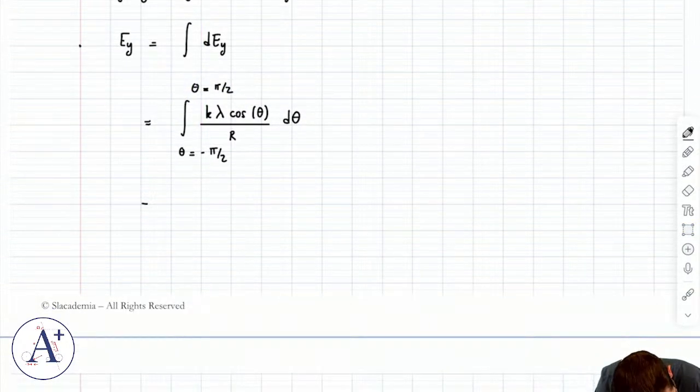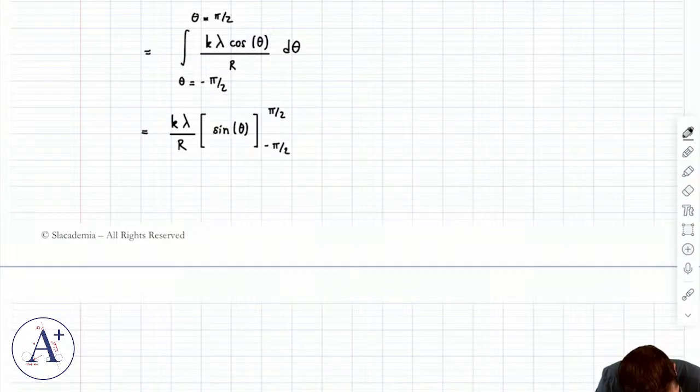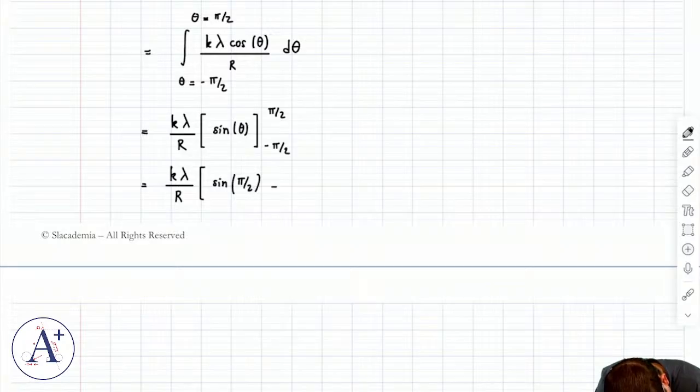And while here, if you don't remember your calculus, I recommend you go refresh your memory on antiderivatives and all of it. So k lambda over r, the antiderivative is going to be sine theta, to be evaluated between pi over 2 and minus pi over 2. Okay, so this is going to be k lambda over r times sine of pi over 2, which is 1, minus sine of minus pi over 2, which is minus 1.